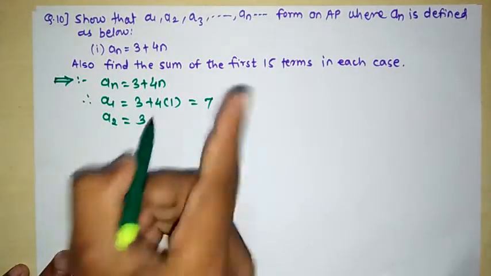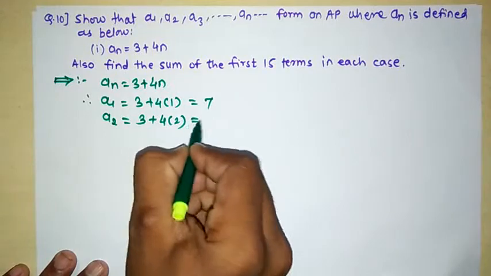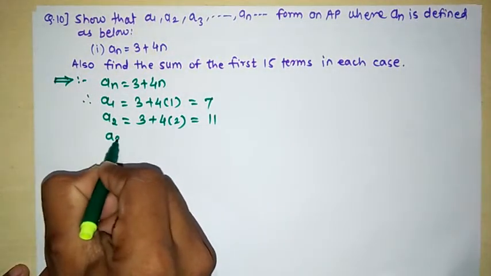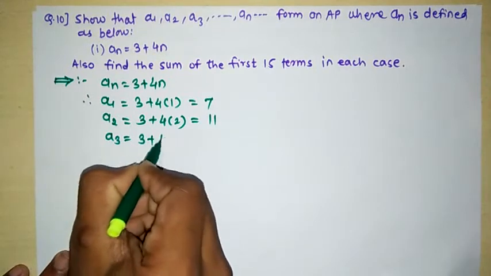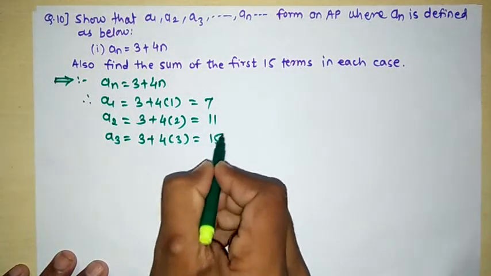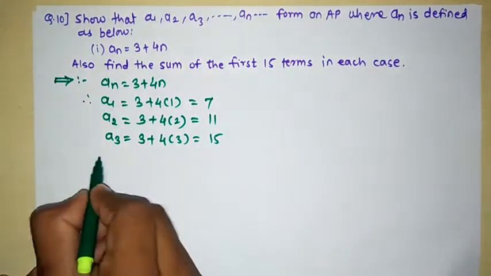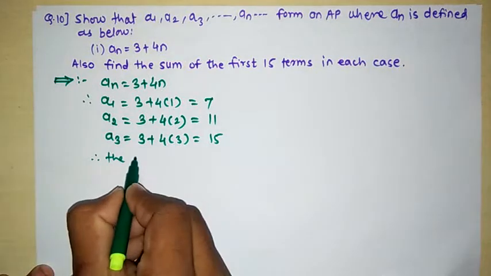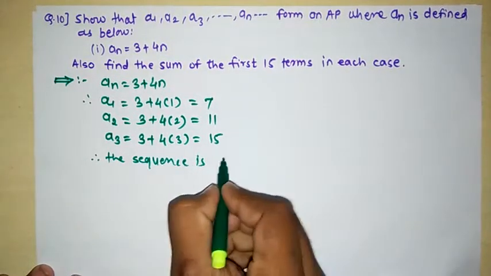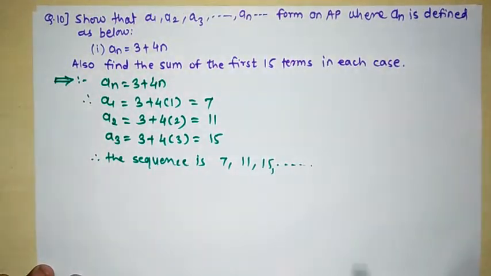Instead of n we have to write 2 here because we are going to find the second term, that is 4 into 2, which is 8. 8 plus 3 is 11. We got the second term as 11. We will find the third term also. 3 plus 4 into 3. 4 into 3 is 12. 12 plus 3 is 15. Now we got a1, a2 and a3. Therefore, the sequence is 7, 11, 15 and so on.